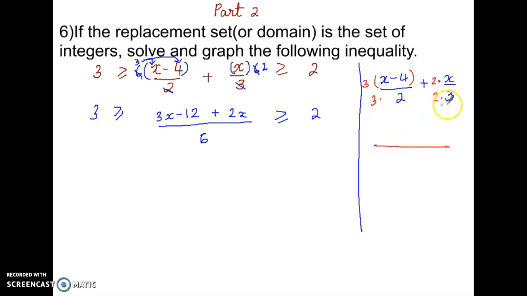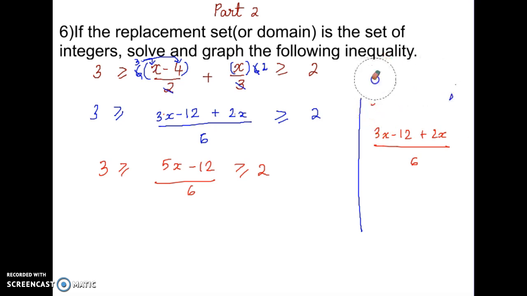So we get 3 times 2, this denominator is 6, 2 times 3, this denominator is also 6. And we distribute the 3 here, so we get 3x minus 3 times negative 4 is negative 12, and then 2x. This is what I did over here. Now let's combine our x. 3x plus 2x is 5x minus 12 divided by 6 and greater than or equal to 2. So that's what I have there.